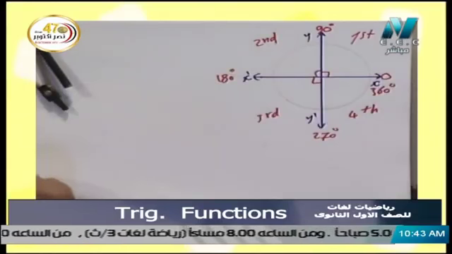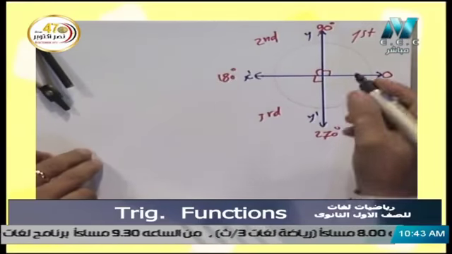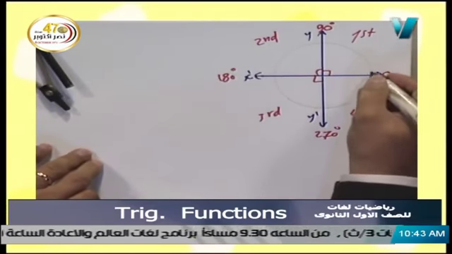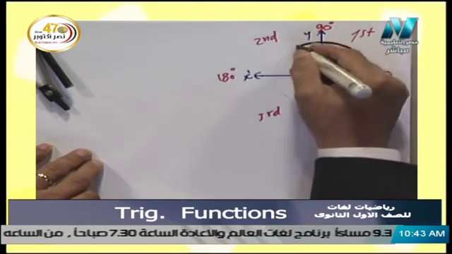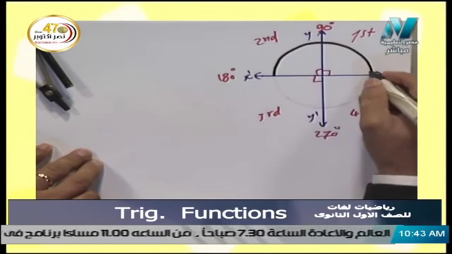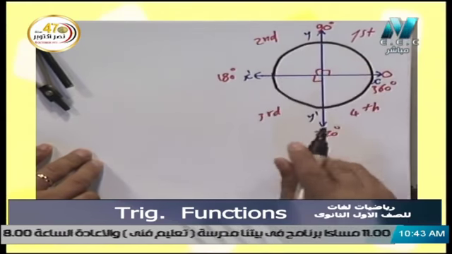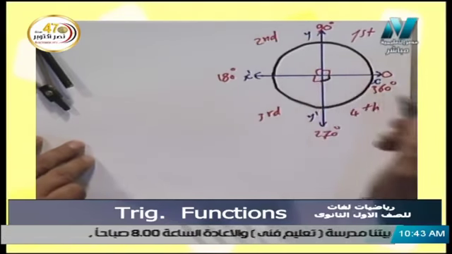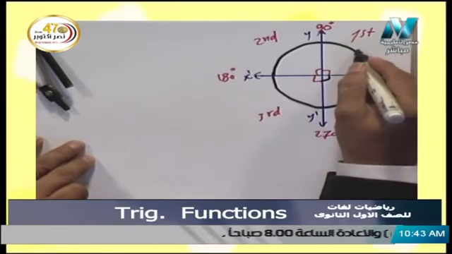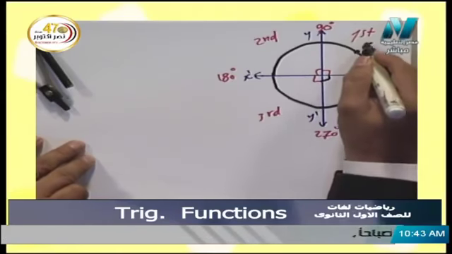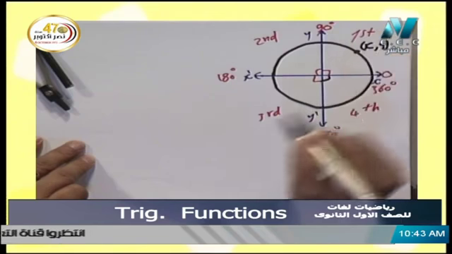So we have here a unit circle. Its center is the origin point and its radius length equals 1 unit. And if we have a point here, this point will be x and y.